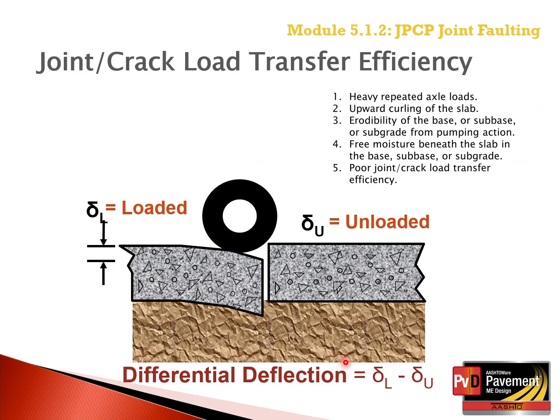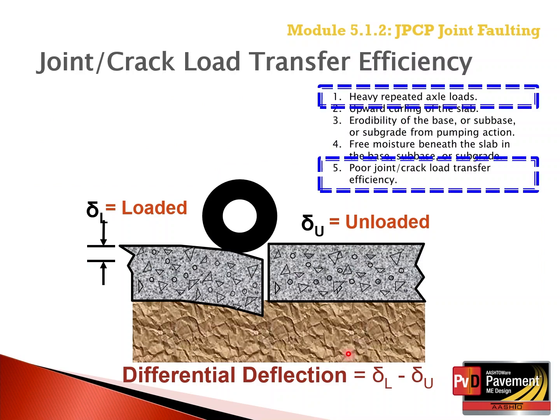The fifth factor, highly correlated to joint faulting, is the low transfer efficiency of the transverse joint in combination with the repeated application of heavy axle loads. Remember from an earlier slide within this module, the differential deflection is the deflection of the loaded side of the slab minus the deflection on the unloaded side of the slab.